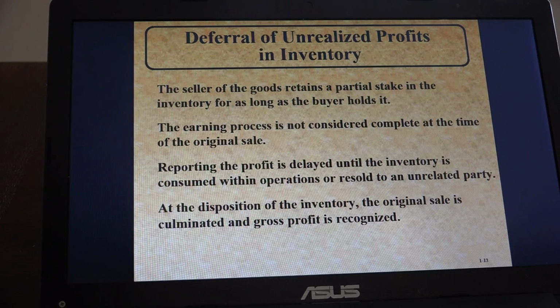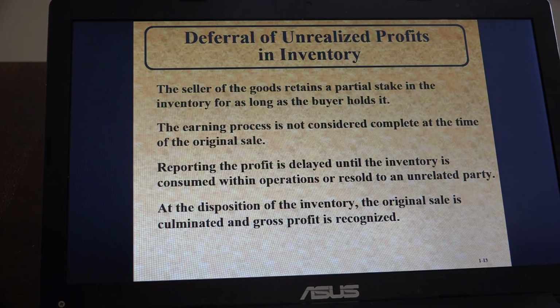And so the earning process is not considered complete at the time of the original sale when you have either an upstream or a downstream type of situation. The reporting of the profit is delayed until any portion of that inventory that sits there at the end of the year is consumed within operations or resold to an unrelated party.